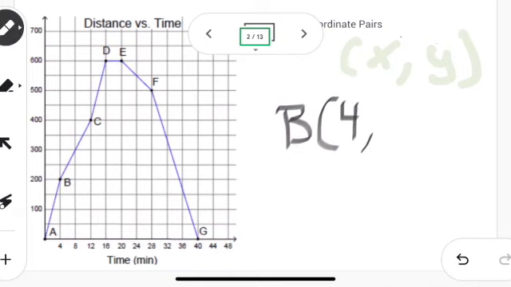And then we would look for your Y value right here, which is 200. And that would be my ordered pair.